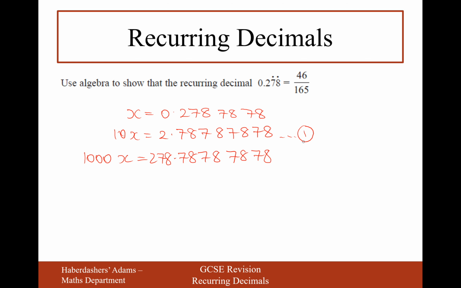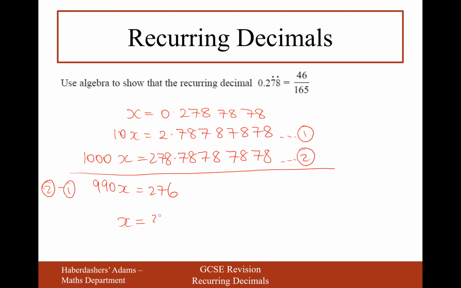Then we'll take statement 2 and take away statement 1. So it's going to be 990x, that's statement 2, take away statement 1. 990x equals 276. Divide by 990 on both sides. And then divide top and bottom by probably 5. And we'll get 46 over 165. So there we are, that's the answer for this question.